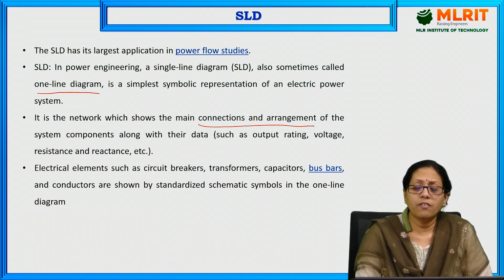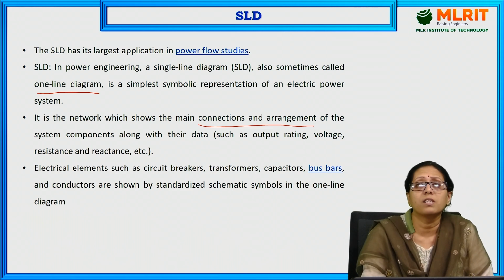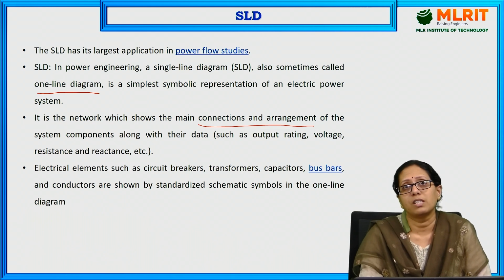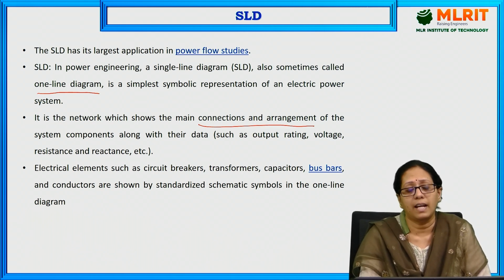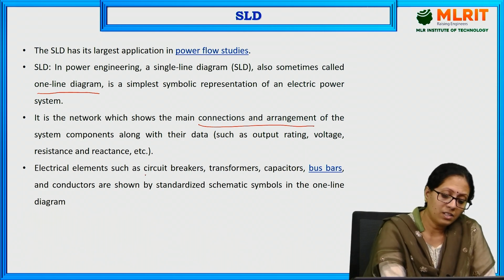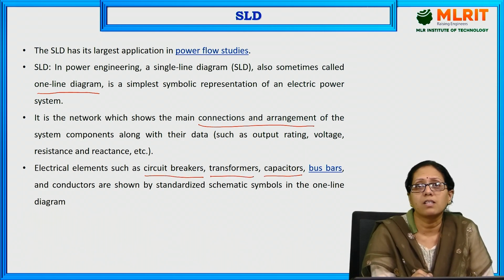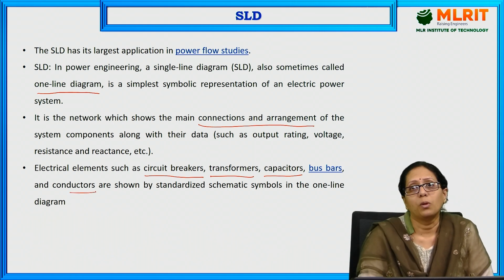Different components can be used, like transformers, generators, motors, bus bars, contactors. All these connections are shown or represented in the single line diagram. Electrical elements such as circuit breakers, transformers, capacitors, bus bars, conductors are shown by standardized schematic symbols.